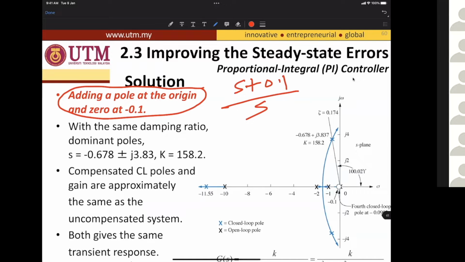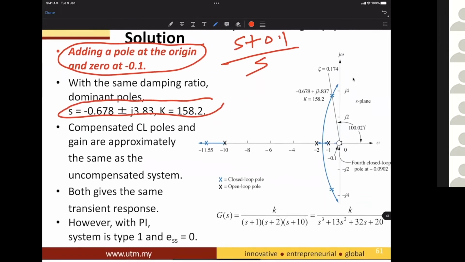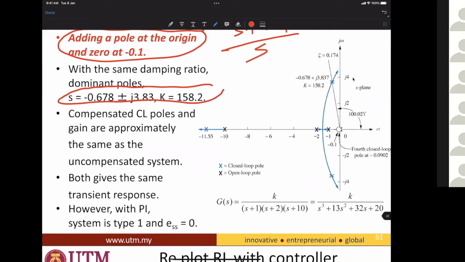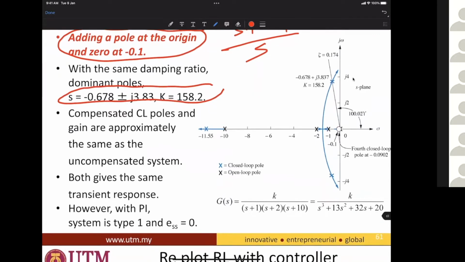So with the same damping ratio, okay, so kita boleh compensate approximately as the same as before without disturb the transient, and the PI controller will increase the system type from 0 to 1, okay, and steady state error become 0, okay.